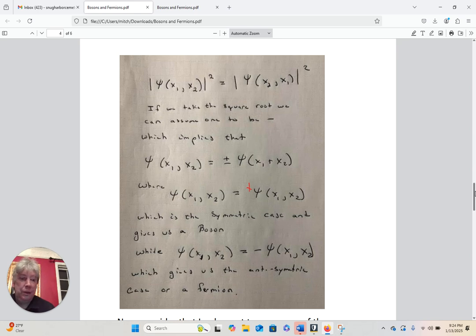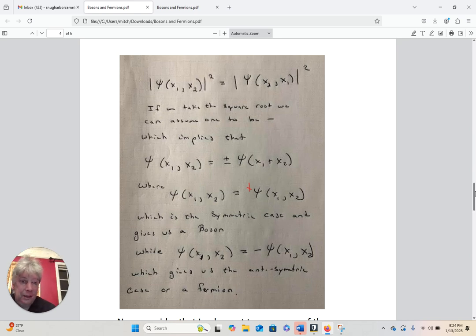Sorry about that, it's not x1, x2, it's x2, x1, which is the symmetric case and gives us a boson.